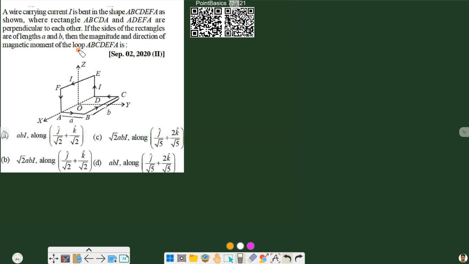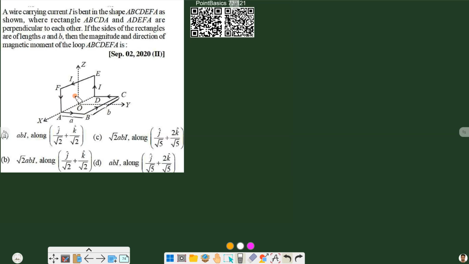If the sides of the rectangles are length A and B, then we have to find the magnitude and direction of the magnetic moment of that loop. So we have to find the total magnetic moment of this loop. When we have such a question where our shape is in multiple dimensions, like here we have one rectangle in the XY plane and another in the XZ plane, we divide it into the respective planes.